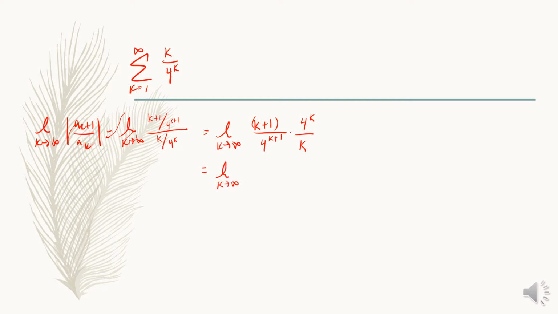Now let's see what happens. I have a 4 to the k on the top and then a 4 to the k plus 1 on the bottom. So I think all those are going to go away, which just leaves me with a 4 on the bottom. Then, since you're going towards infinity, only the highest power terms matter, so get rid of this 1, and I'm left with 1/4.